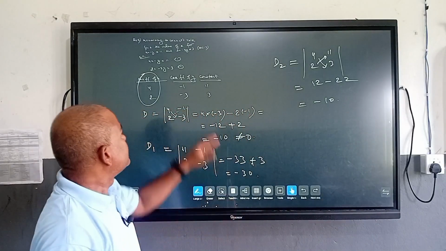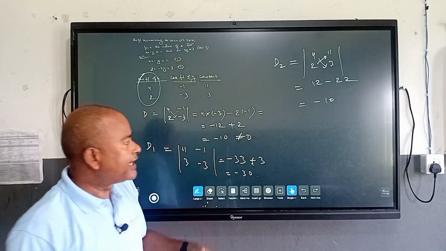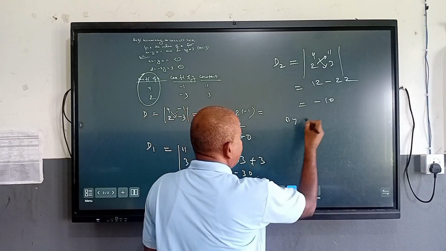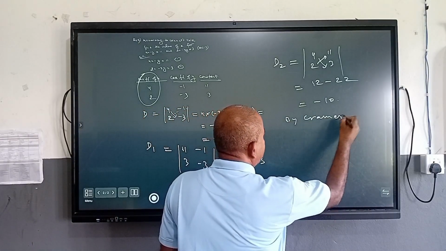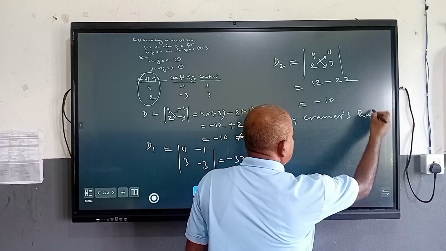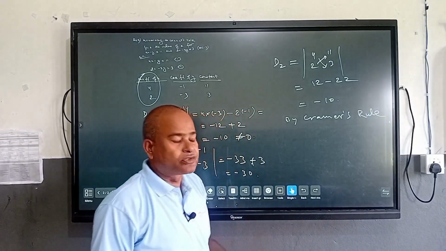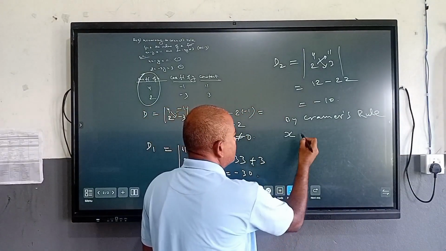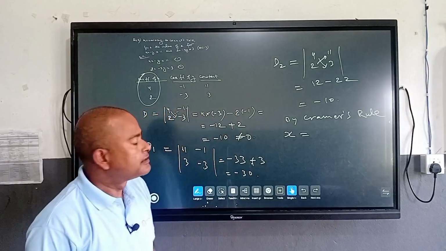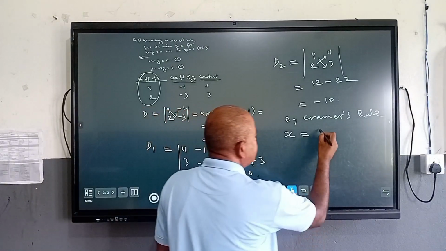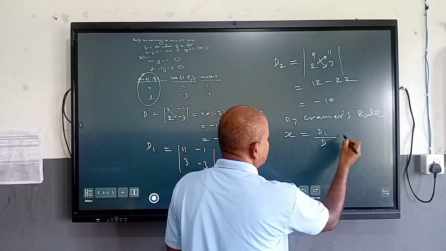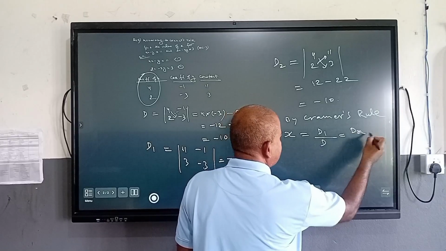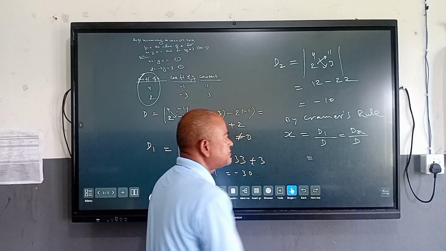Now according to the question, we have to find the value of x. So by Cramer's rule, we are going to apply the formula. According to Cramer's rule, the value of x is given by d1 divided by d, or we can write dx divided by d also.